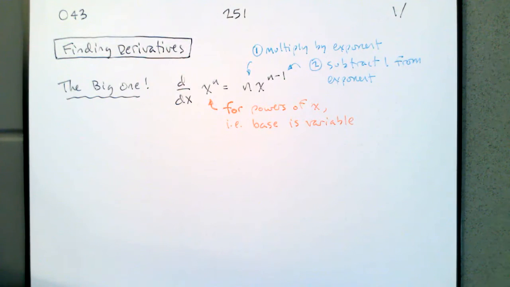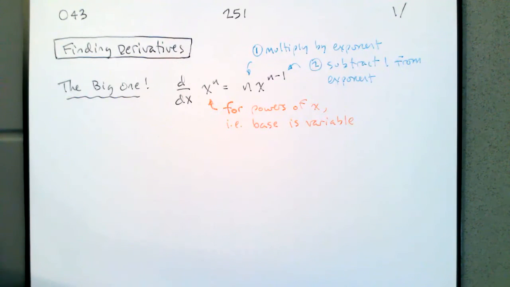What we want to notice for this particular rule is that this is a rule for powers of x. That is, the base is the variable. So the x, we're taking the derivative with respect to x, and x is the base. The exponent is constant.